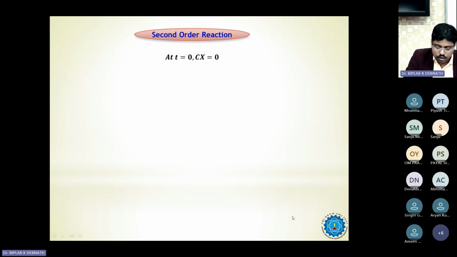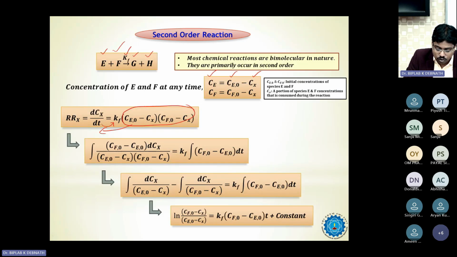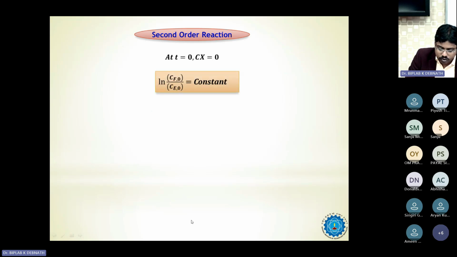Now, for this, if we consider time t equal to 0, Cx is equal to 0. When you start the reaction, there is no constituent participating in the reaction, right? So at t equal to 0, Cx is equal to 0. In this equation, this Cx and this Cx will be equal to 0 at time t equal to 0, so the constant is equal to ln of Cf naught by Ce naught.